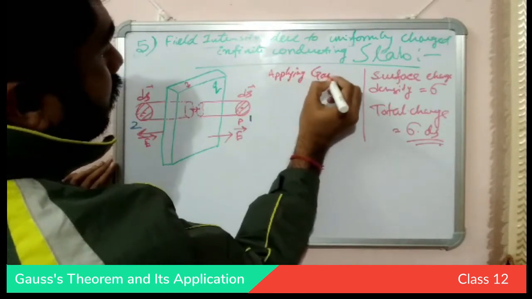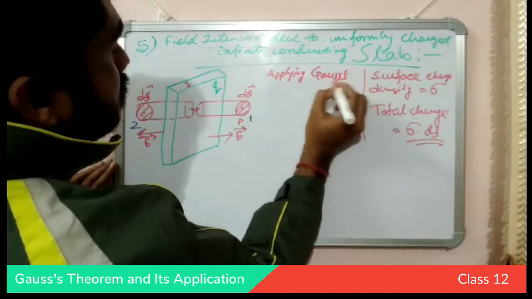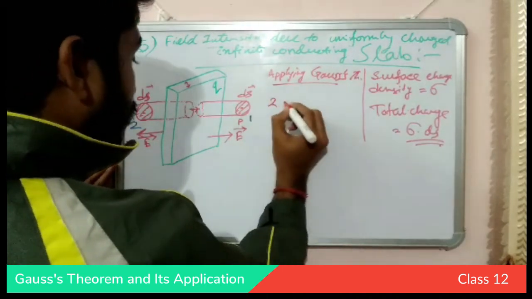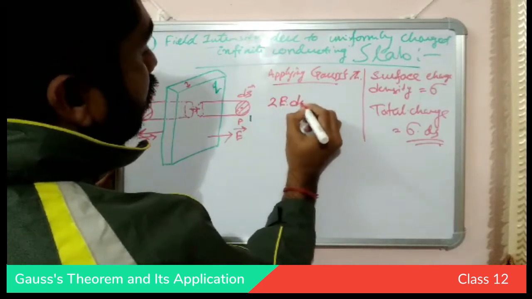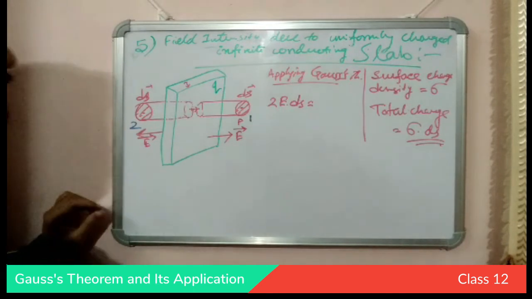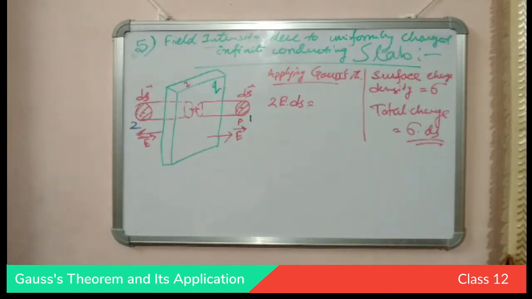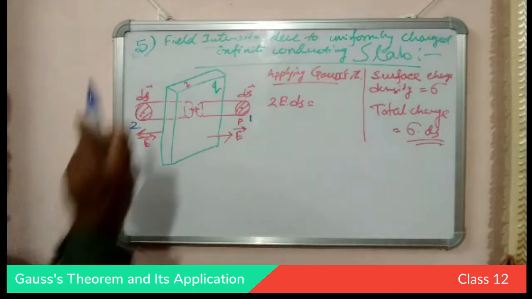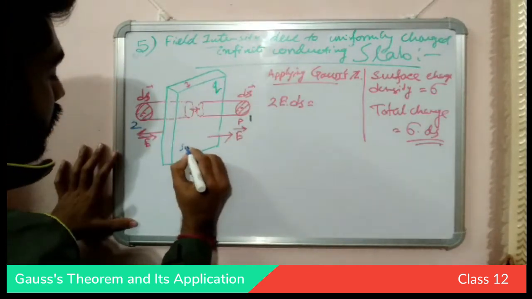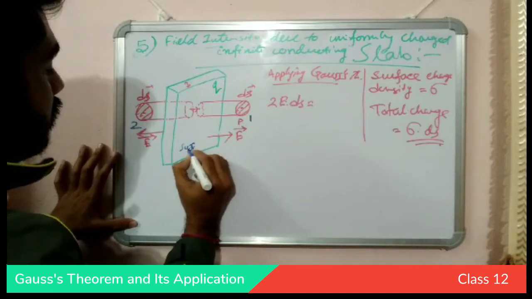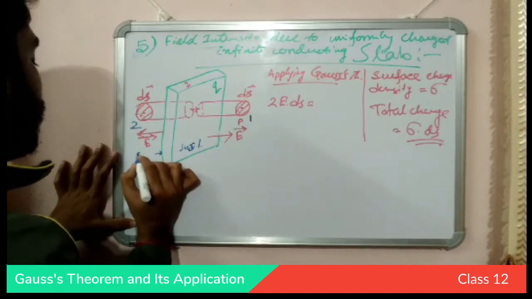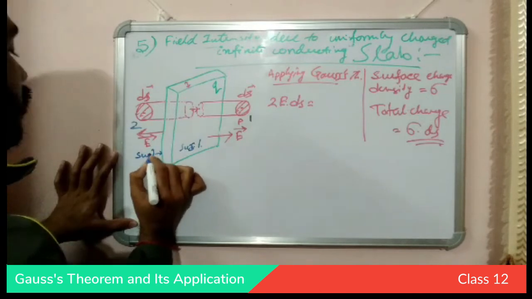Applying Gauss's theorem, 2 E dot ds, and here comes a twist: this is surface 1 and this is surface 2.